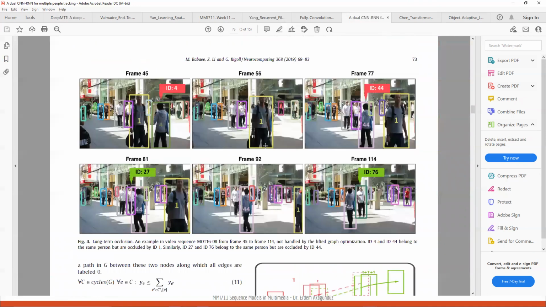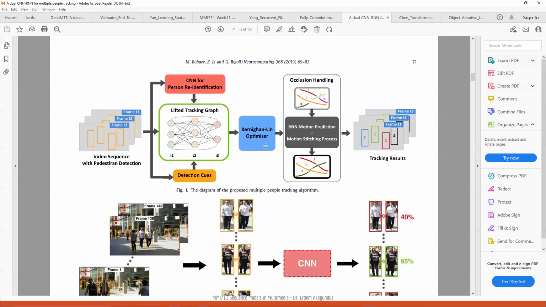So what they do, let me get to that part. This is a strange graph. Every node is connected to others, which represents that a detection could be the same person as a detection from the previous frame.